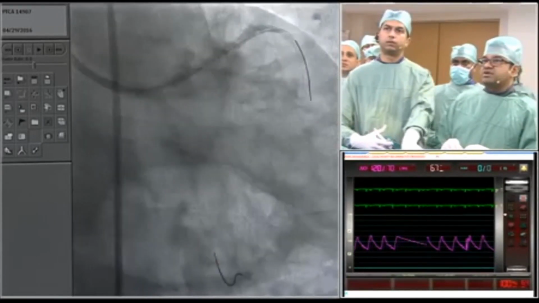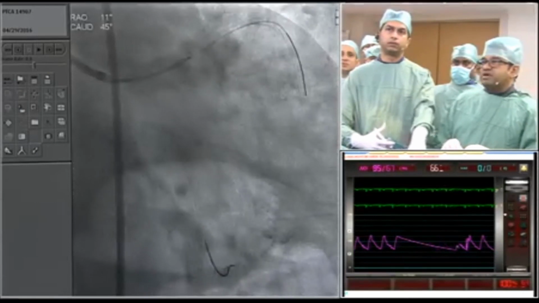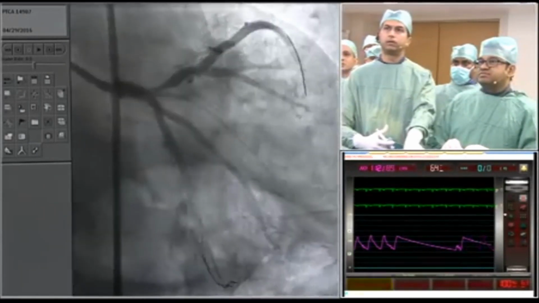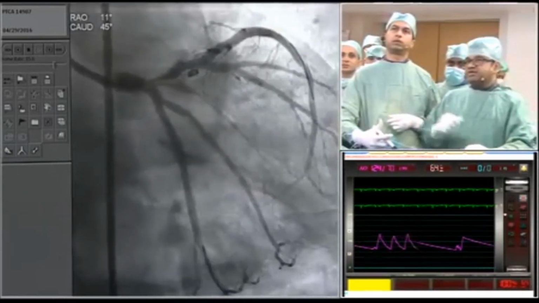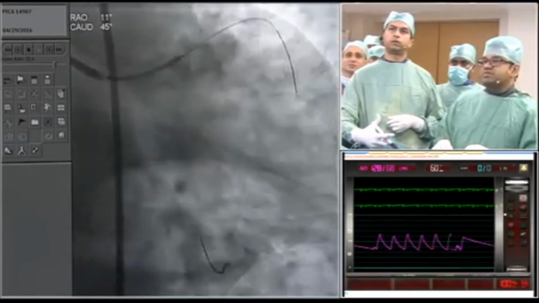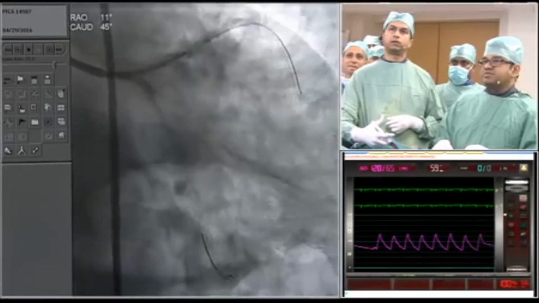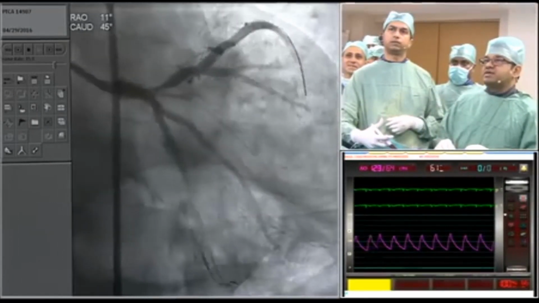It also has open cells in the mid segment, so side branch access would be much better, though in such a big vessel that's not an issue.